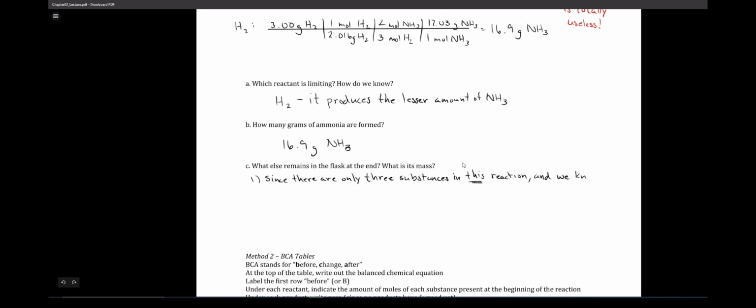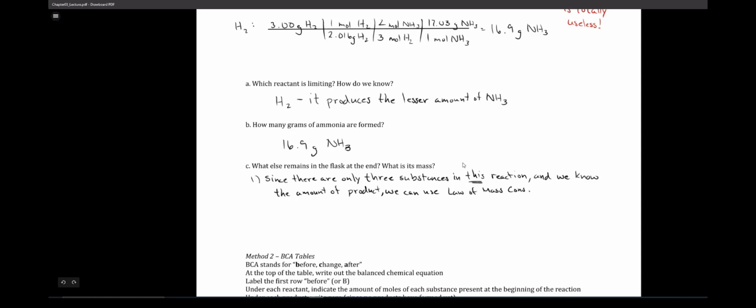So we know the amount of the product. So this is the condition. It has to only have three chemicals in the reaction. We can use law of conservation of mass, or mass conservation for short.